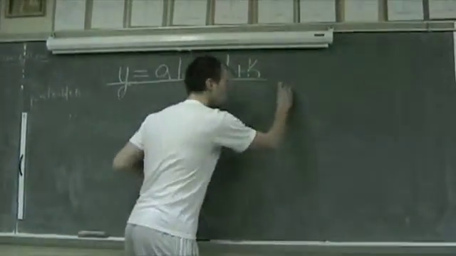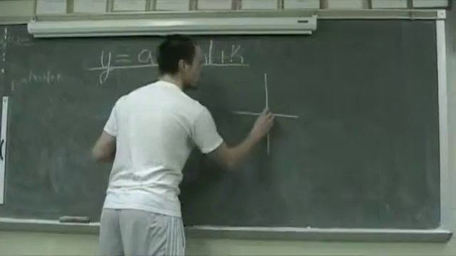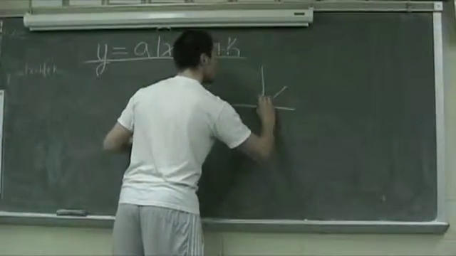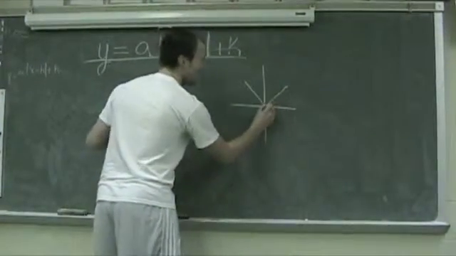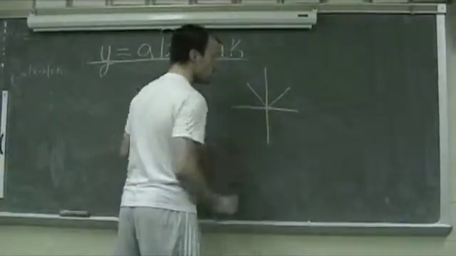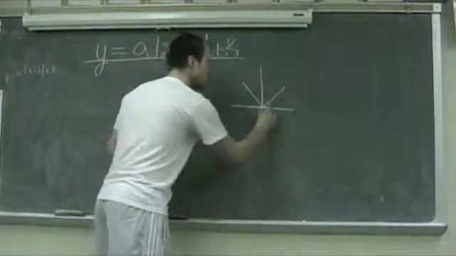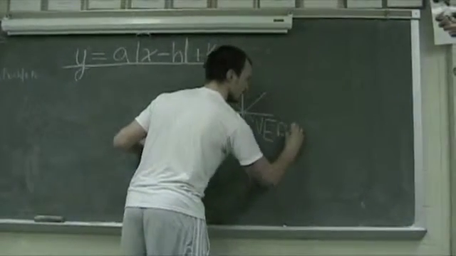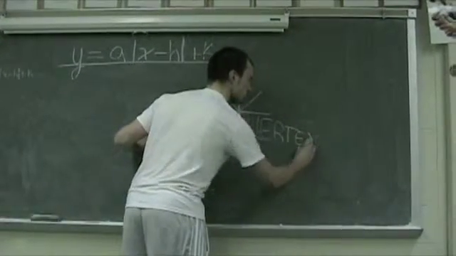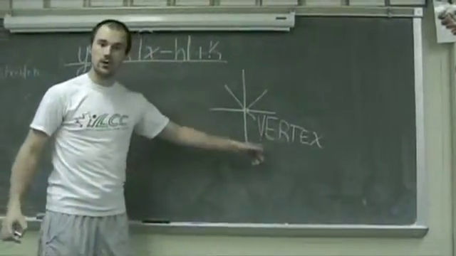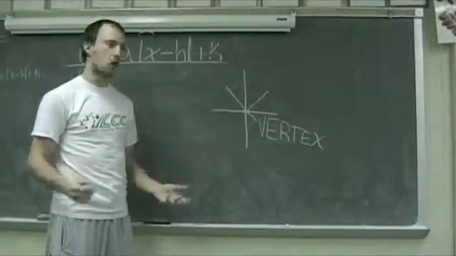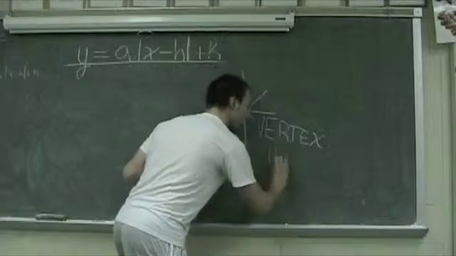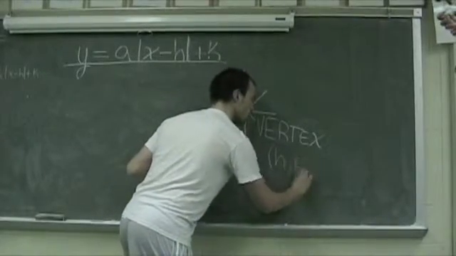If you remember, the graph of the absolute value function is basically a V. And down here at the bottom of the V, where we turn the corner, this is called the function's vertex. And the vertex will always be an xy coordinate pair, ordered h, k.